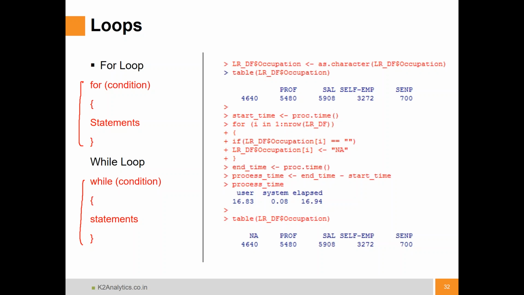Typically, while is used when you know the terminating criteria, but you don't know when that terminating criteria will be reached. For loop is used when you know the number of times you want to run a counter.